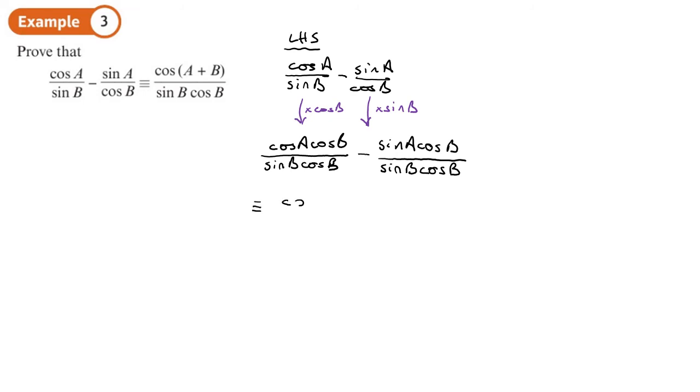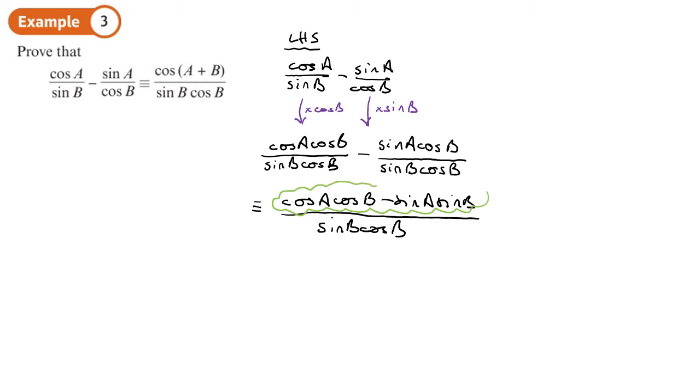So you've got cos A cos B minus sine A sine B over sine B cos B. You should recognize this bit here as the addition formula for cos A plus B. So we can stick that at the top, cos A plus B all over sine B cos B.